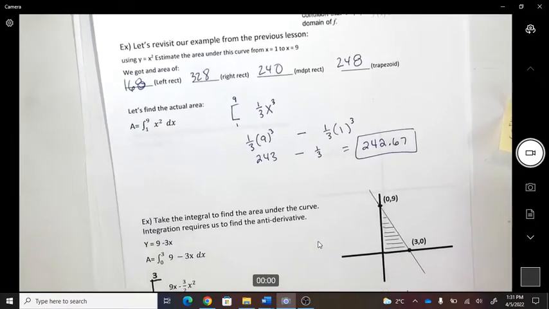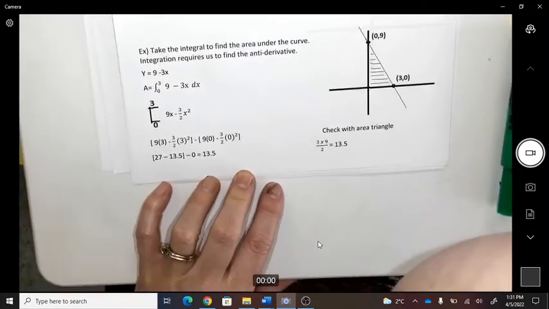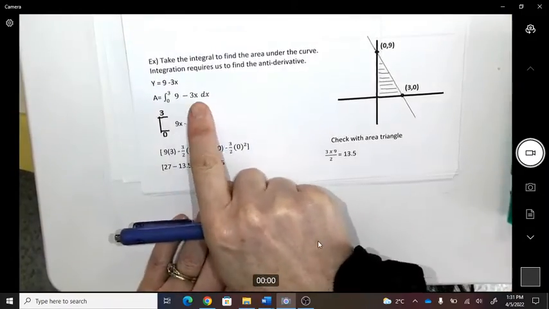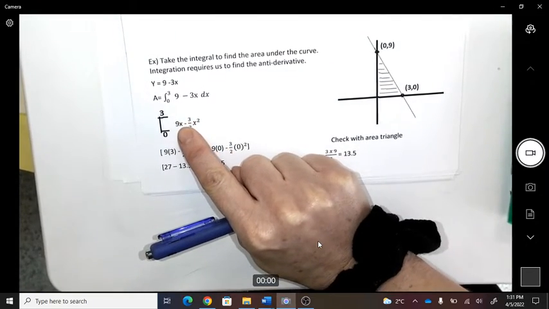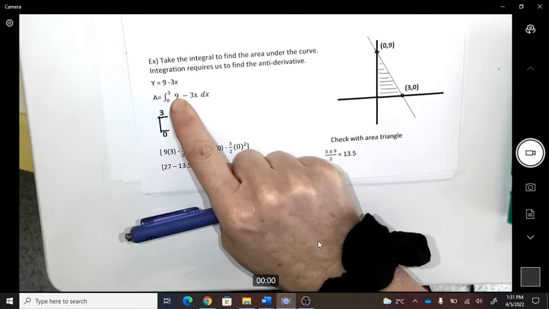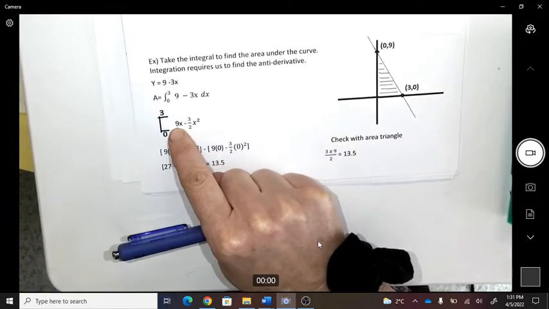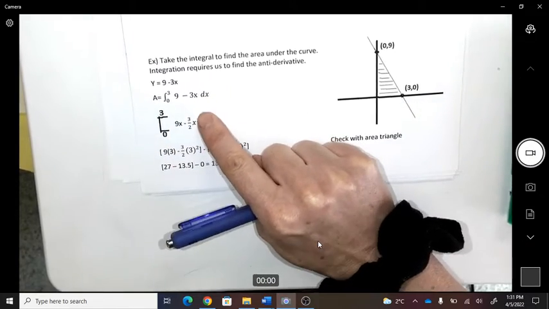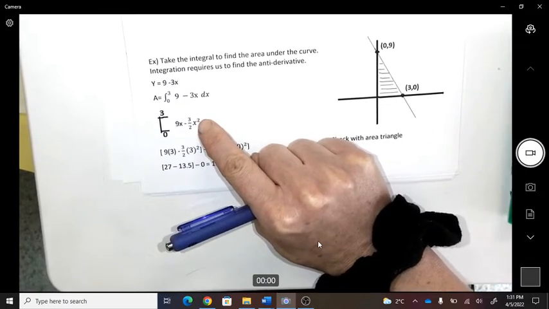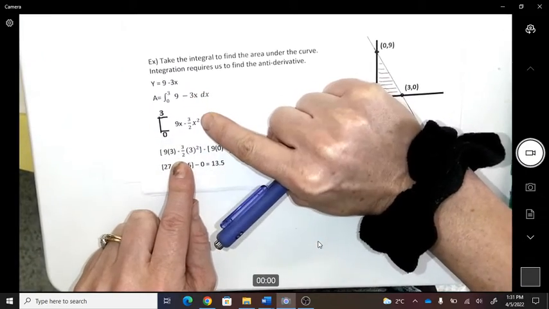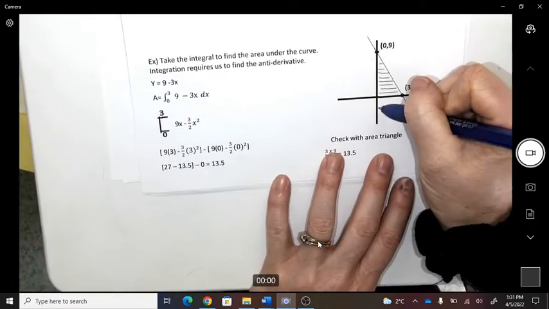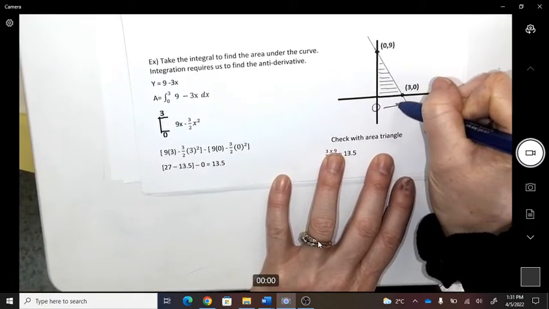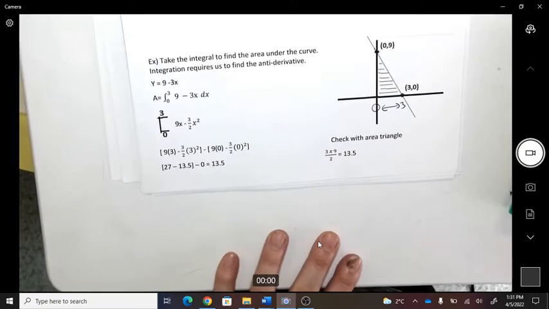Okay, so this example on the bottom here was an equation of a line. I've done this for you. I integrated it. When there was a 9, the original was a 9x. On this, it had to have been an x squared, and you can see me taking this divided by this. Then I need to go from x of 0 to x of 3.